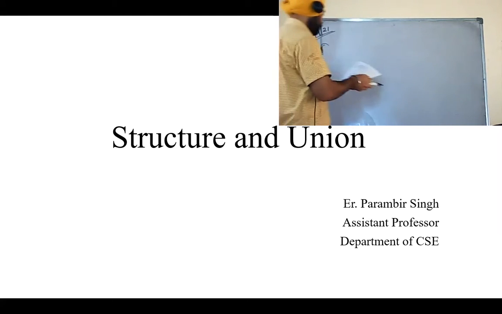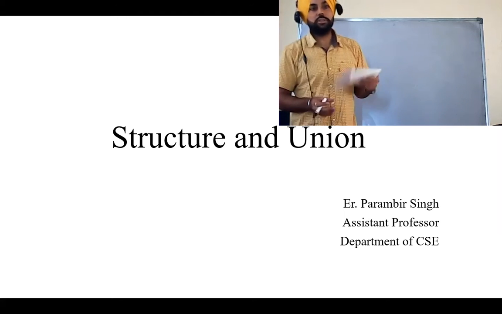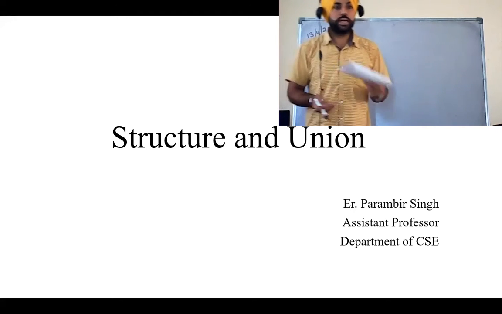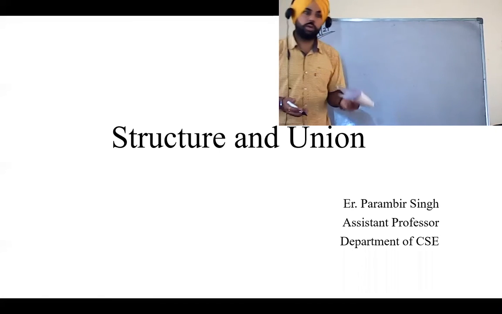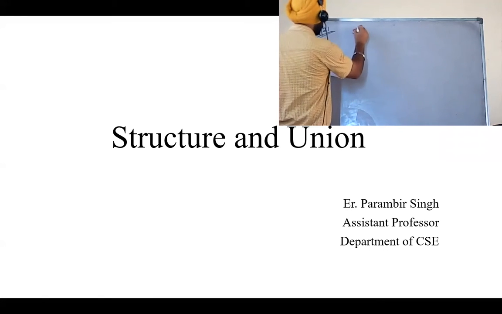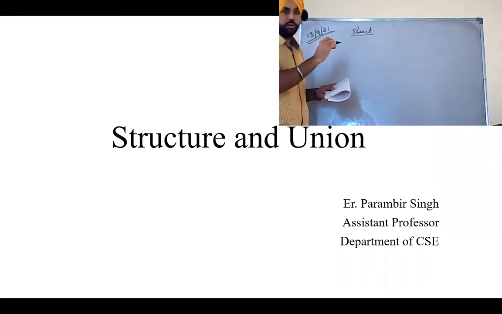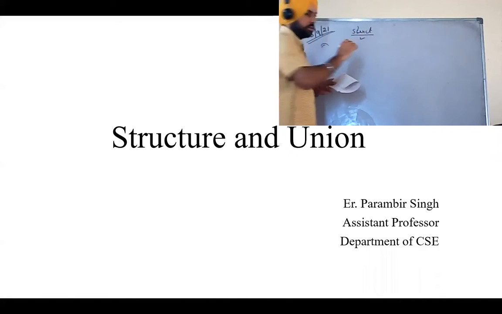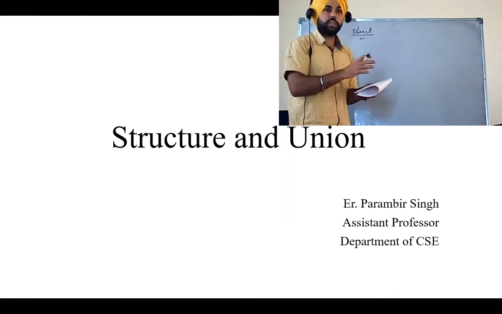Suppose our first program is to enter the record of a student, where the student has a name and a university roll number. How can we start our program? First we start with the struct keyword. It is mandatory to write it whenever you are writing a structure program.